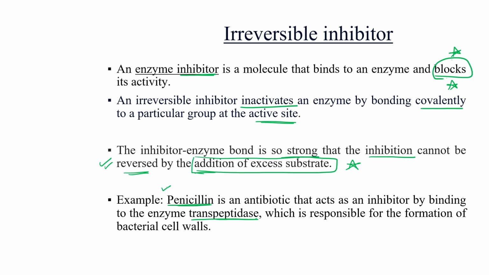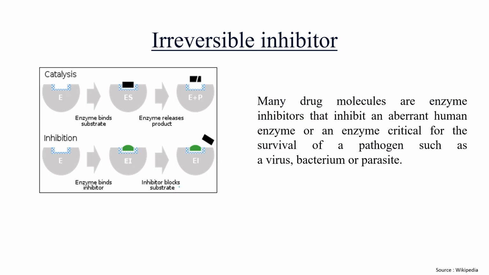So penicillin acts as an irreversible inhibitor. Many drugs also act as irreversible inhibitors and inhibit the enzymatic reactions of various viruses, bacteria, and different parasites, and this is how drugs, antibiotics and others reduce the concentration or titer value of viruses and bacteria inside a body.